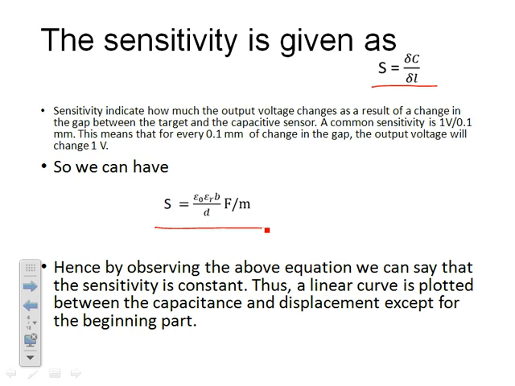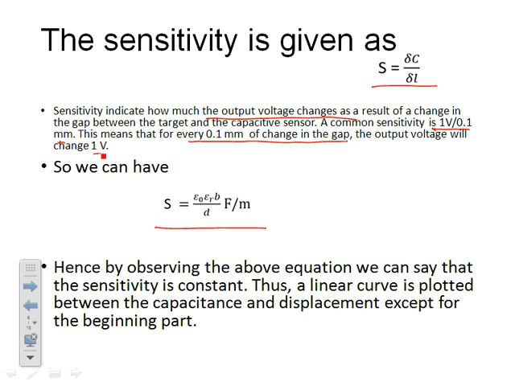Sensitivity indicates how much the output voltage changes as a result of change in the gap between the target and the capacitance sensor. A common sensitivity is 1 volt per 0.1 millimeter. This means that for every 0.1 millimeter change in the gap, the output voltage will change by 1 volt.